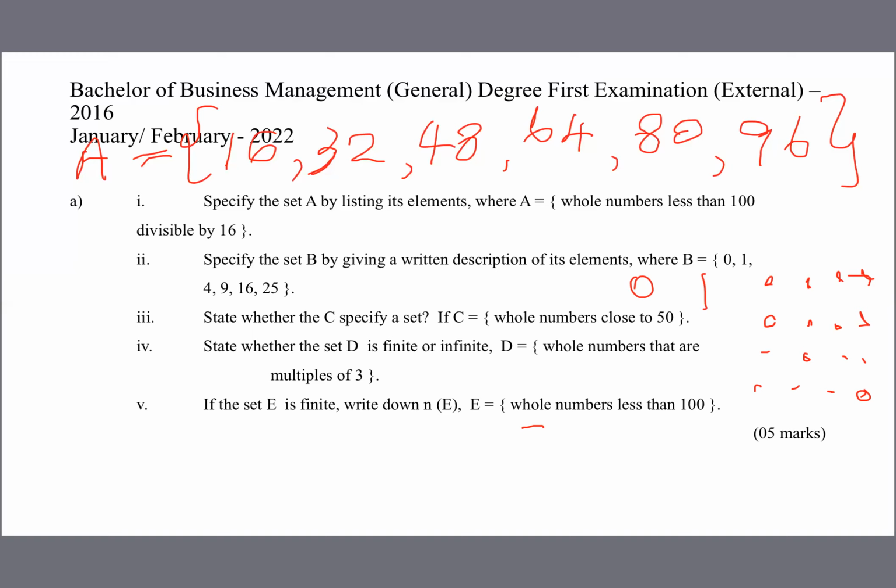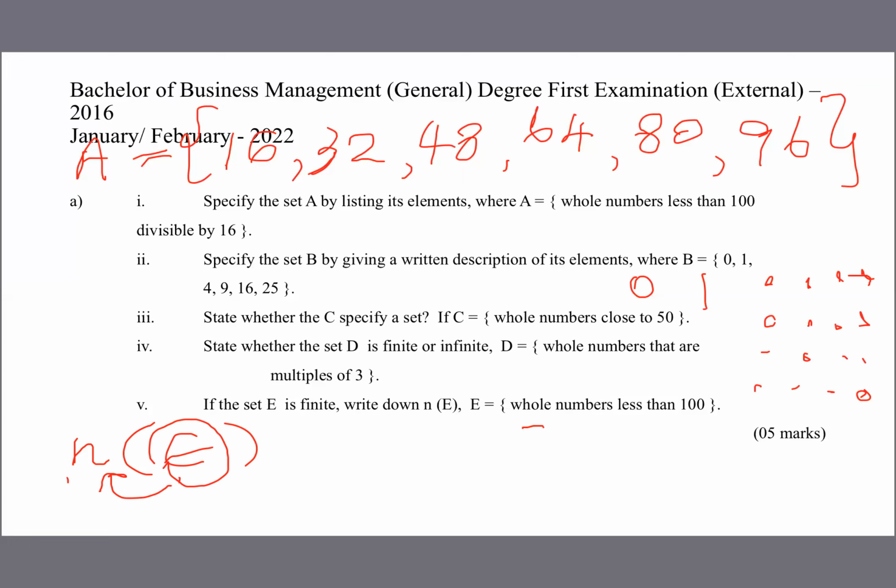And the final one: if the set E is finite, write down n(E). E equals whole numbers less than 100. When we write n(E), that means the number of elements in the set E. The number n shows the number of elements in the given set.